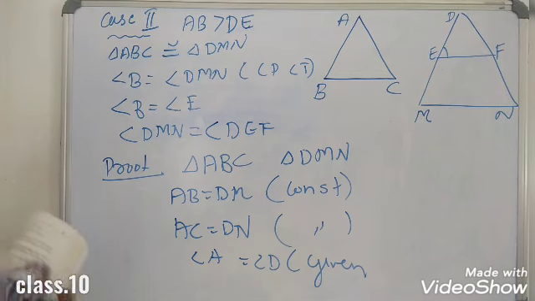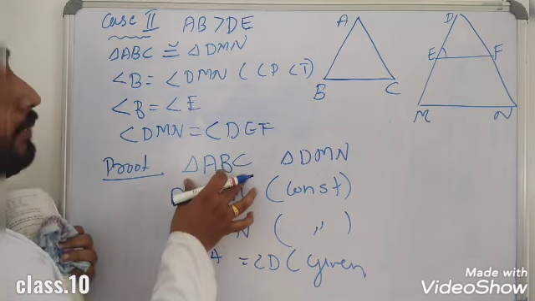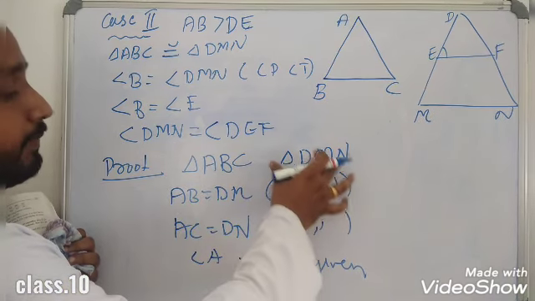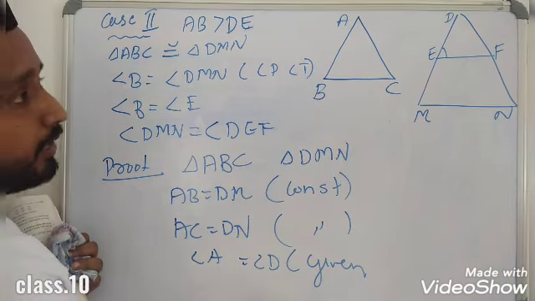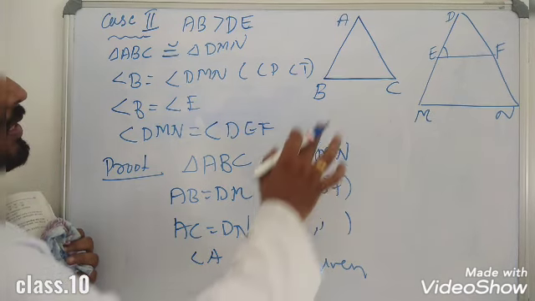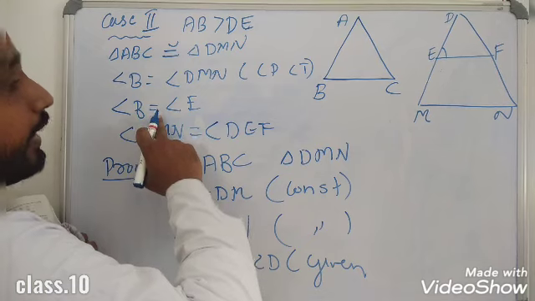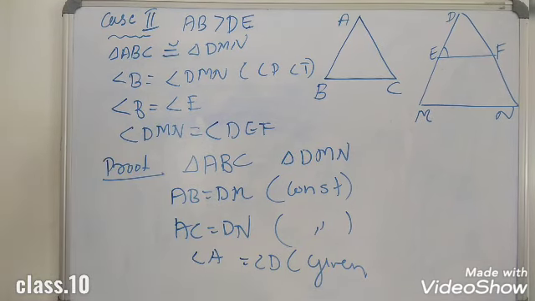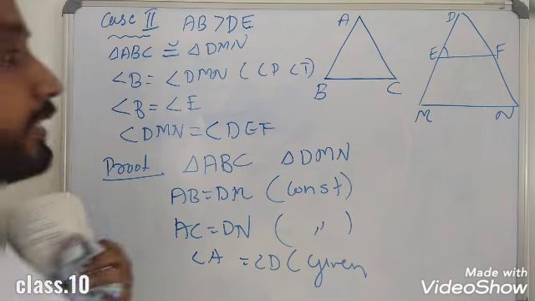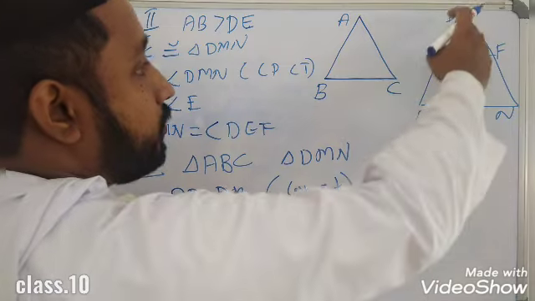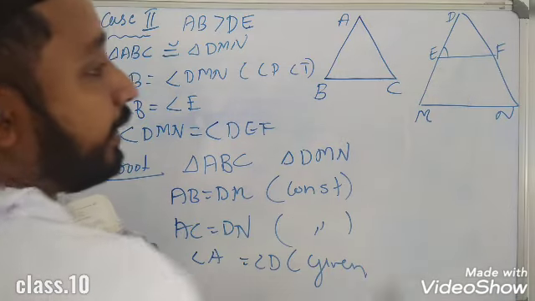So first we are taking two triangles, triangle ABC and triangle DMN, then proving that these two triangles are congruent. From that, the corresponding angles are equal: angle B is equal to angle DMN, and angle B is equal to angle E. Then angle DMN is equal to angle DEF.